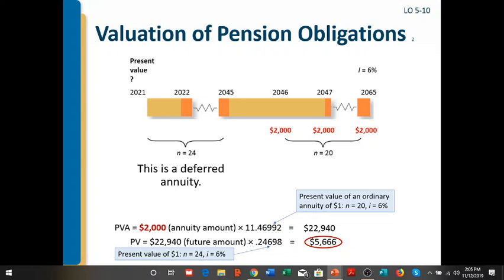And you know the interest rate is 6%, so you go to table 2, 6% down to 24, and you have 0.24698. So you multiply the 22,940 times 0.24698 to come up with 5,666. That's the amount that the company is going to pay to contribute to his pension plan at the end of year 1.